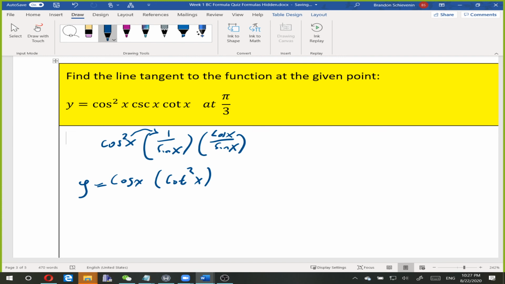And now you can derive this using product rule. It's almost always easier if you can simplify before you derive than simplifying after you derive. Any questions on how I simplified this?